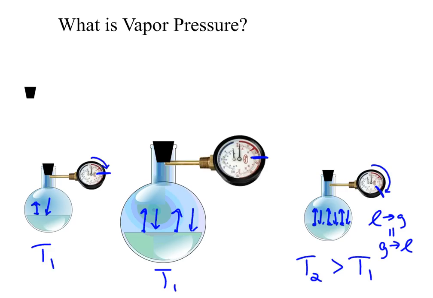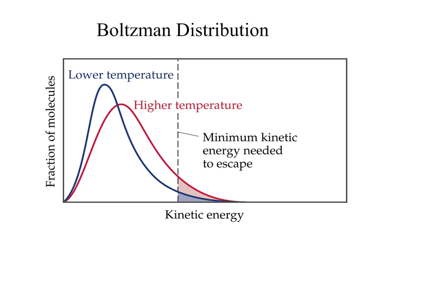Right, now this gives us a clue as to what's going on here. So what we need to do now is to look at our friend the Boltzmann distribution. The Boltzmann distribution is going to give us a visual picture of the actual distribution of energies of molecules in a particular sample of a gas or a liquid or a solid.